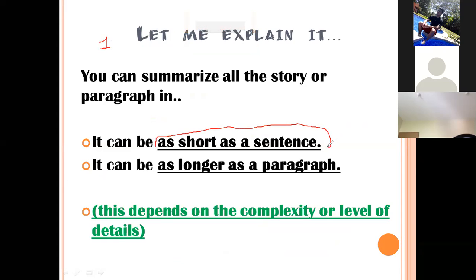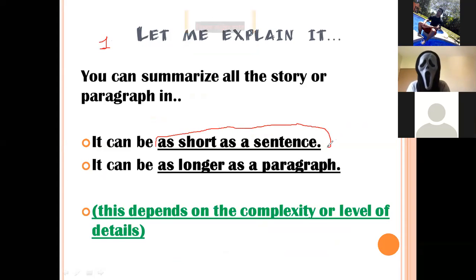So it could be a sentence. Imagine my summary is about, for example, the little boy. Okay, Johnny, what is your summary? My summary is this. Okay, wonderful. And I say, so my sentence is, it could be a sentence, my summary.